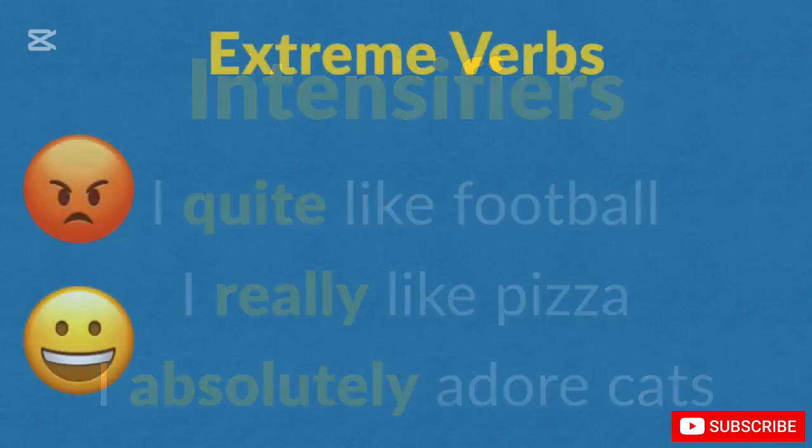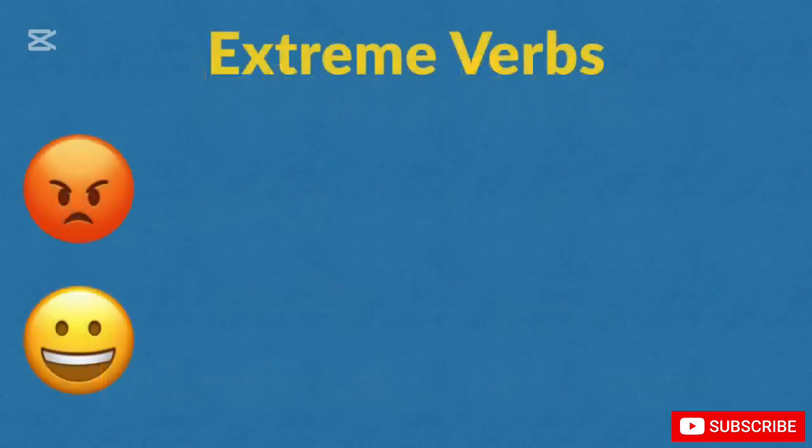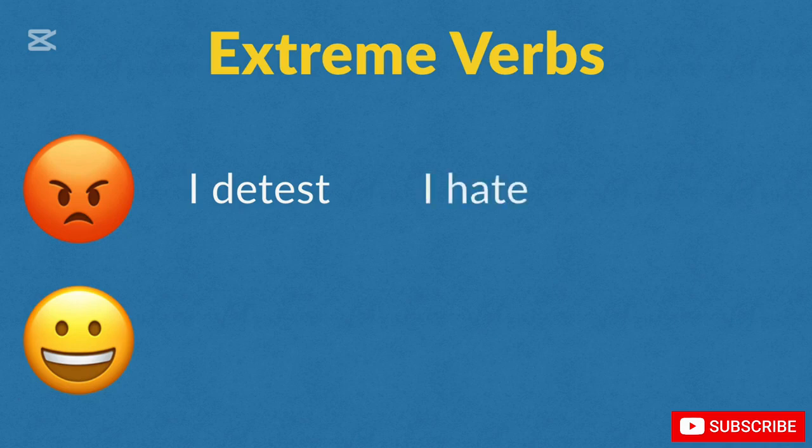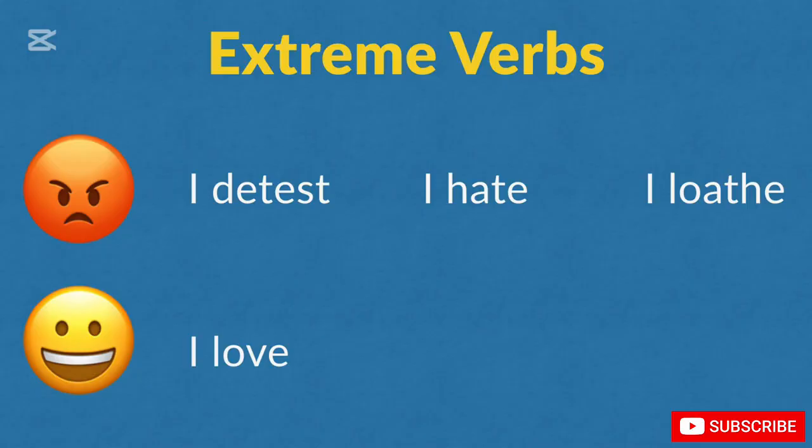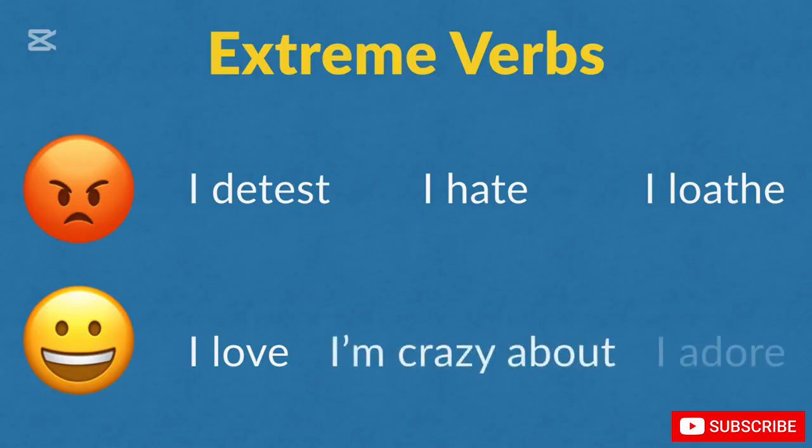We call these extreme verbs. So we use absolutely with extreme verbs, very strong verbs like I detest, I hate, I loathe, I love, I'm crazy about, and I adore.